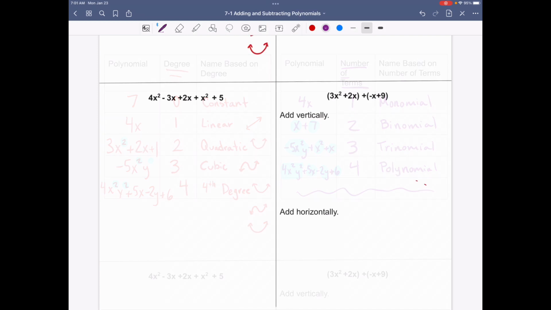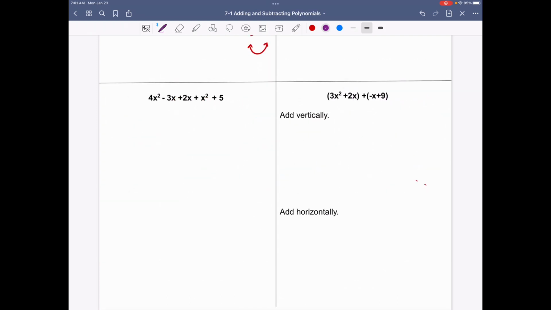Okay. In this section, we are adding polynomials. So it's like collecting like terms. So the first box that we'll work on is adding polynomials with algebra tiles. So we're going to use this square to show an x squared.